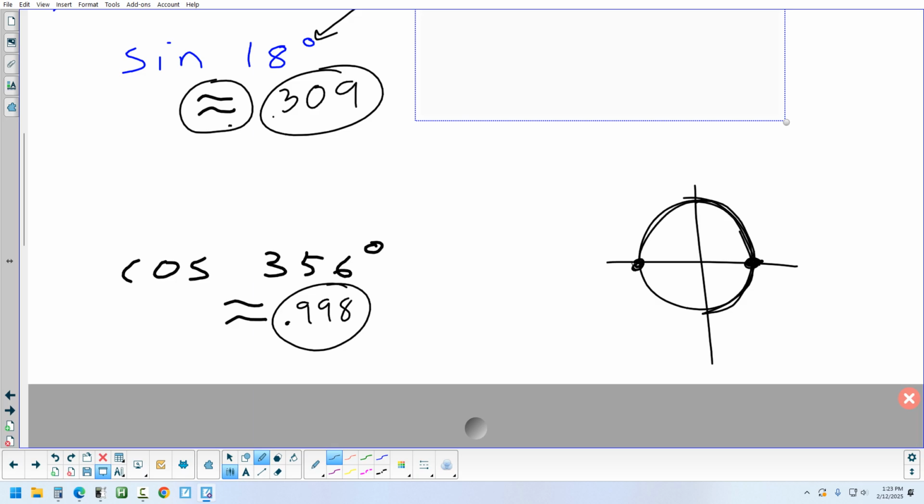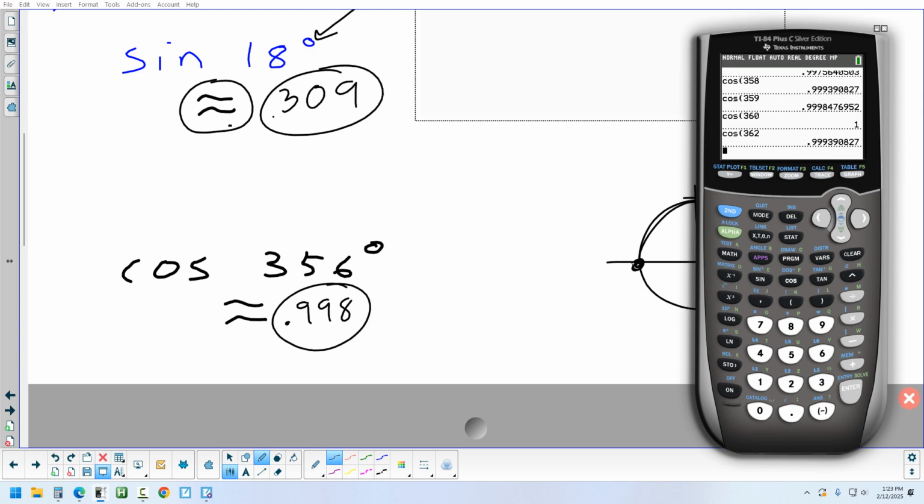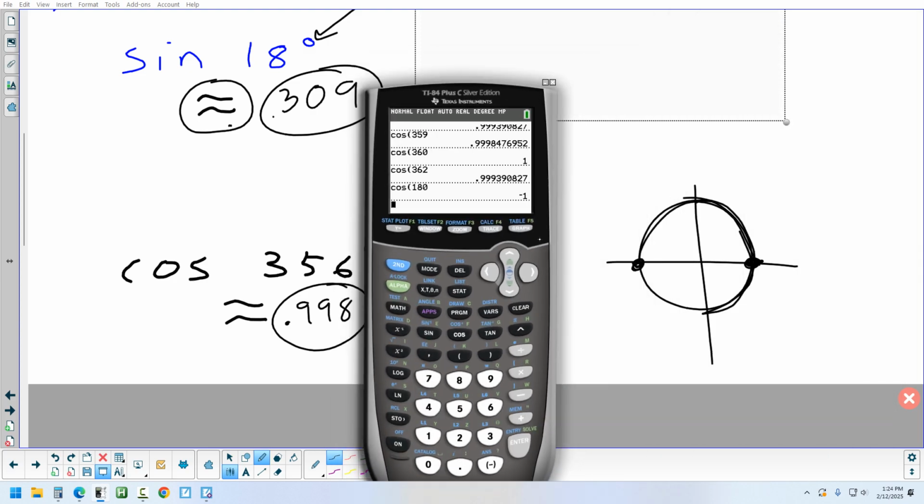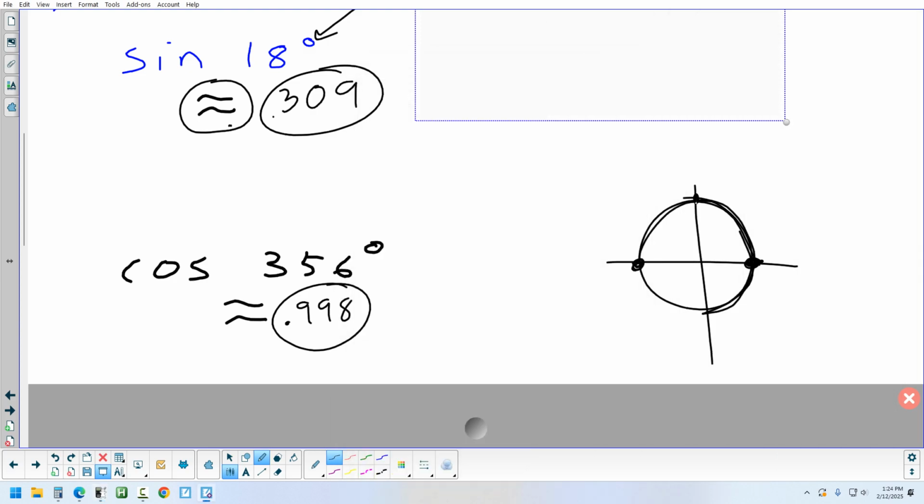So anytime you take the cosine of something, it's always going to be between -1 and +1. You can't go past those two numbers. Same thing with the sine. The highest you can go is 1, the lowest is -1, and then you can get every value in between.